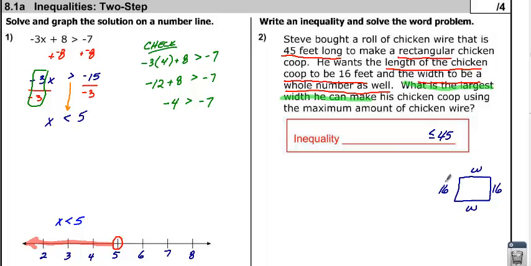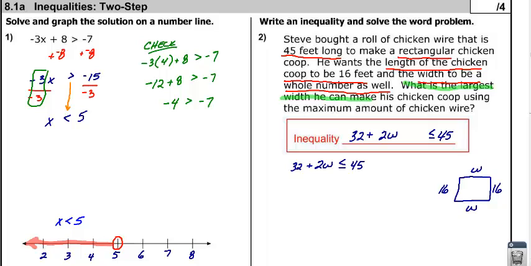So here's what we know. We have a total of 32 feet, 16 and 16. That's the two lengths. Plus, we have the two widths. And all of that has to be less than or equal to 45. We can go ahead and bring that down. And we're going to solve it just like we solved the inequality in number 1.